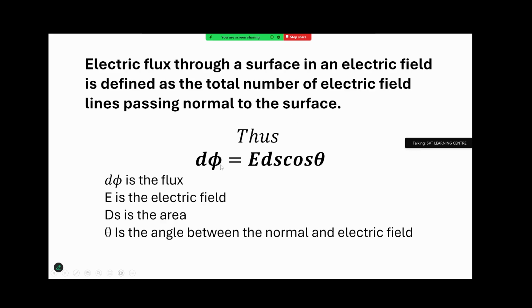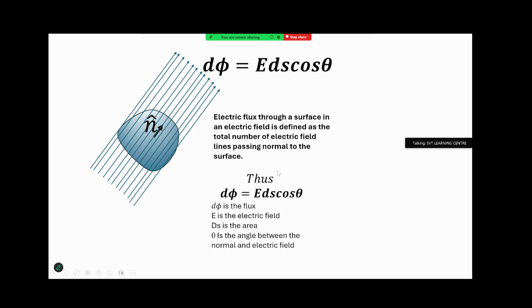Thus, if dψ is the flux, it will be equal to E cos theta into dS. That is, E cos theta is the component of one electrical field line multiplied by the total area. Now remember, dS is the area, theta is the angle and E is the electrical field.